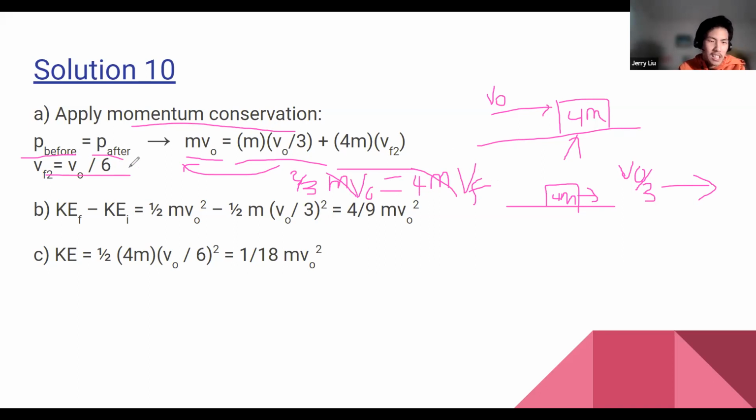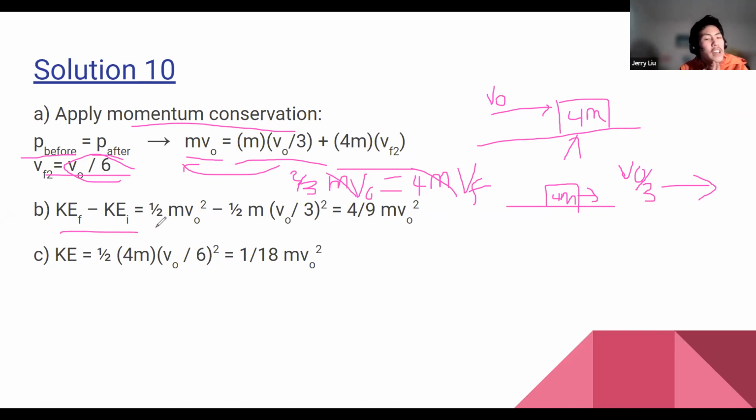So that's part A. They're asking what's the final speed. It's moving right, and the speed is the exact same as the velocity, so it's v0/6. The next was the total loss in kinetic energy. This is referencing the bullet.